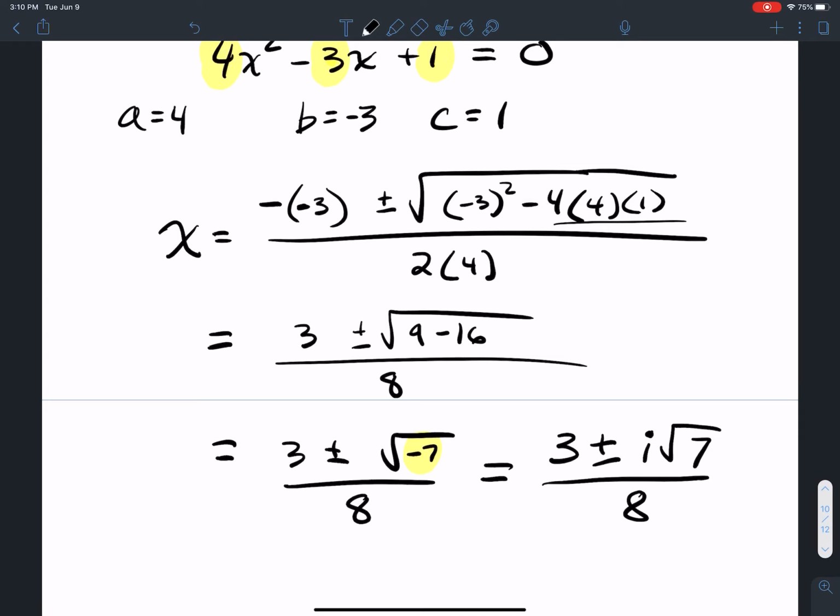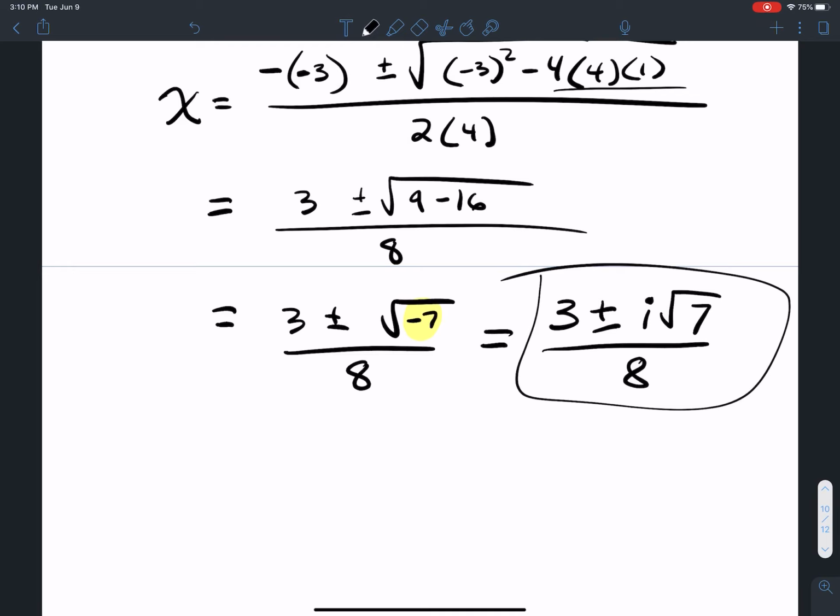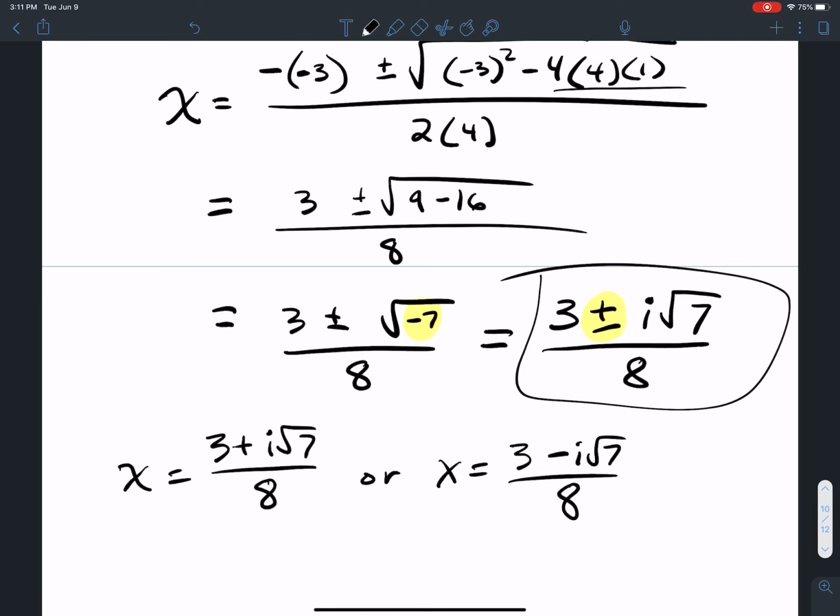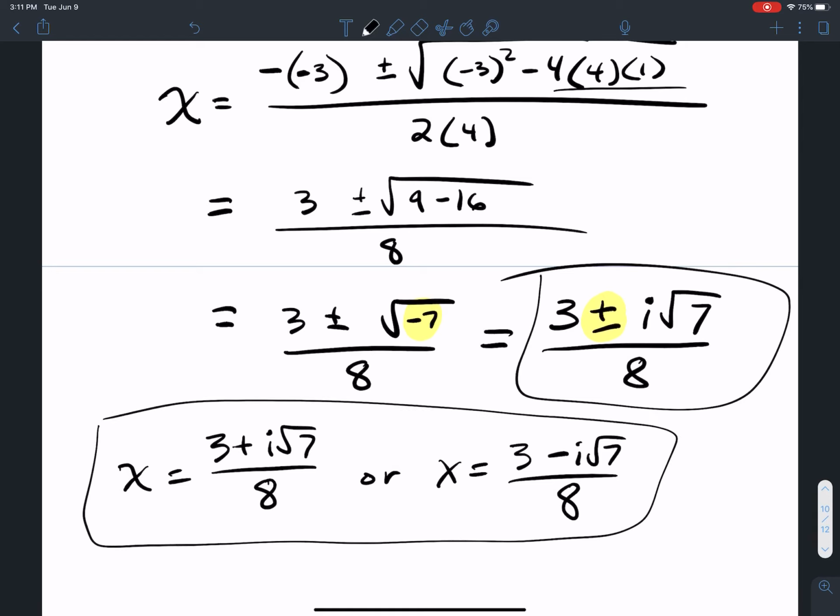And that is good enough for me. If it asks you to write it as two answers, this plus or minus can be broken up into x equals 3 plus i square root 7 over 8, or x equals 3 minus i square root 7 over 8. Okay, so those are your two answers.